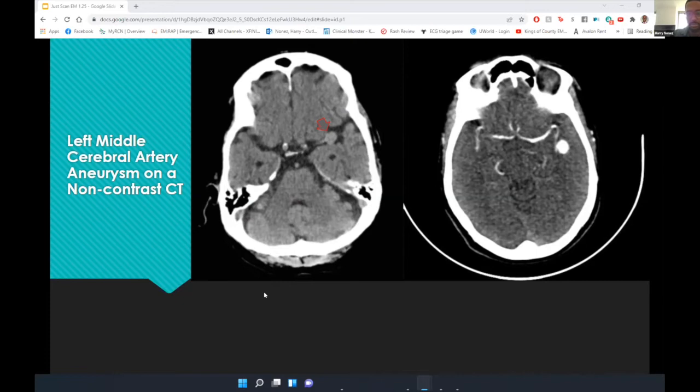A symptomatic aneurysm should obviously be operated on to prevent further hemorrhage and to prevent ischemic stroke, as the aneurysm can extend and block ventriculostriate arteries. To treat this, you can use an endovascular approach as opposed to a surgical approach, and people have been moving towards that during the past decade.